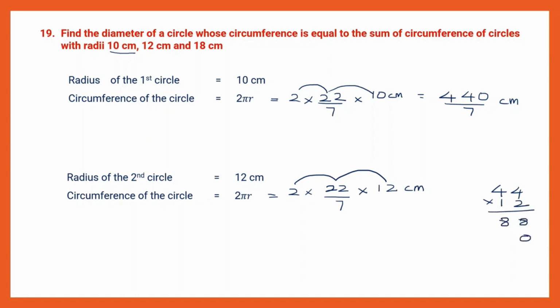Then 0. 1 fours are 4 and 1 fours are 4. Now add it up. 8. 8 plus 4 is 12. Carry 1. 4 plus 1 is 5. So that's 528 by 7 centimeters. So now we have found the circumference of the second circle.